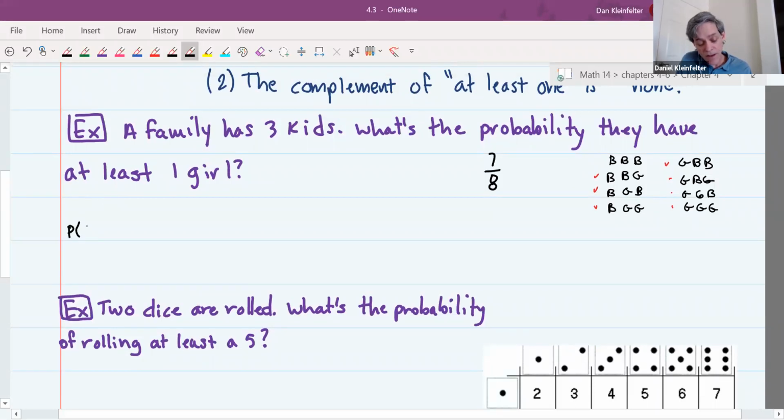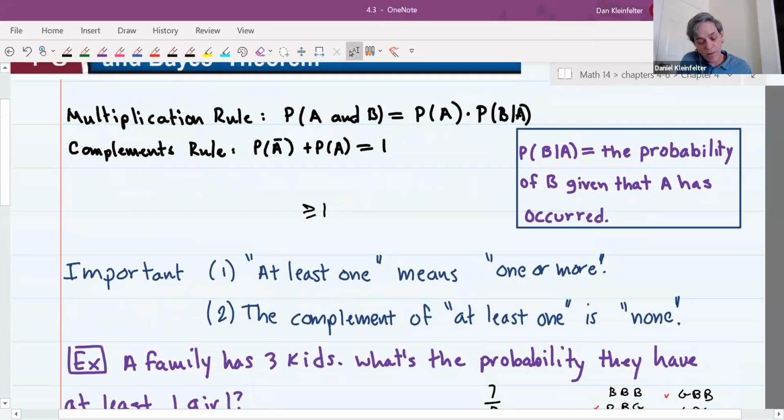To illustrate the use of the complements rule to do this, if we wanted to know the probability of having at least one girl, well, what would it be like if that were not true? They'd have no girls, right? So this will be 1 minus the probability of no girls. Just real quick, where is that coming from? Remember, the complements rule says that the probability of A complement plus the probability of A is equal to 1.